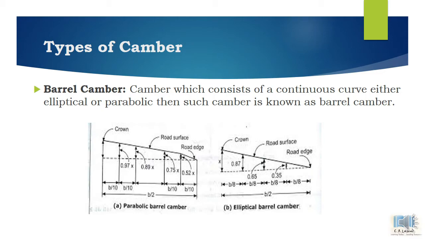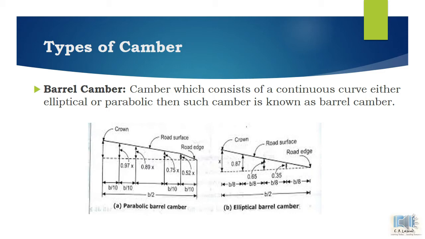The first height is 0.52 into B by 10. Then the second height is 0.75 into B by 10. Then the third height is 0.89 into B by 10, and the last is 0.97 into B by 10.